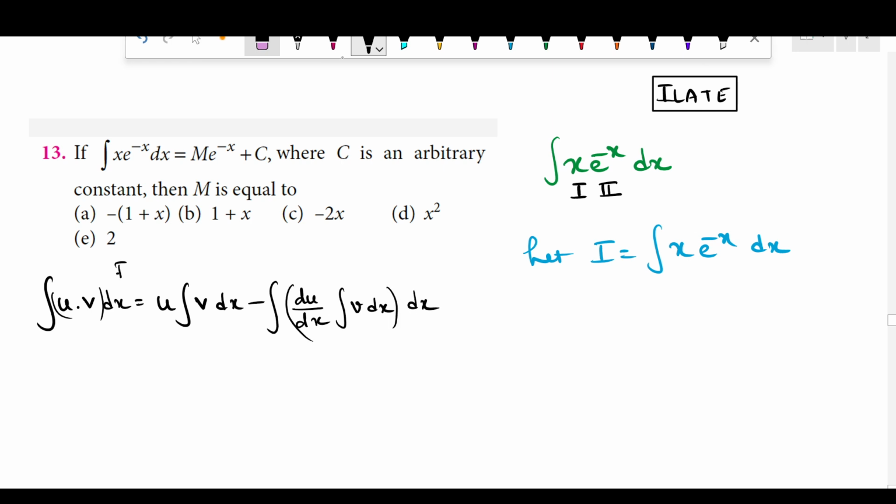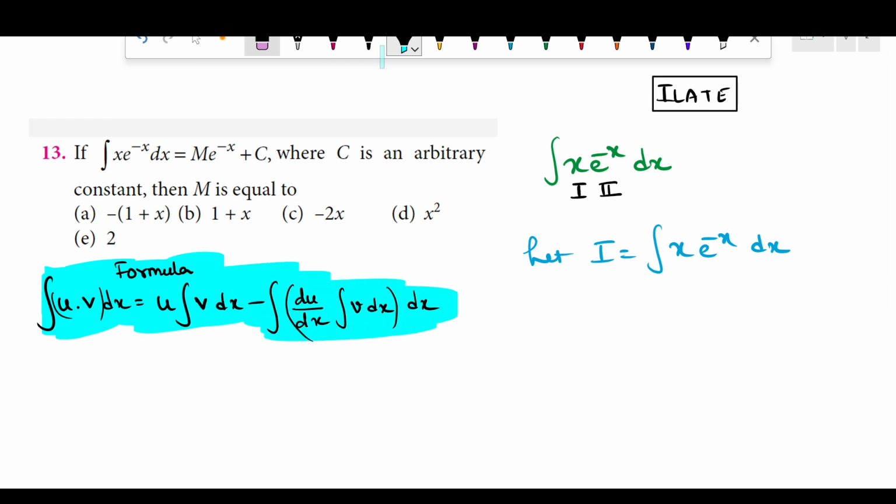This is the formula for by parts, where u and v are functions of x. I hope all of you know this formula, right? I am highlighting this so that you can easily have a look at it.